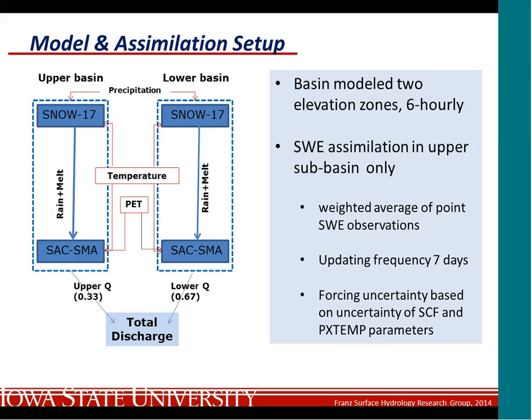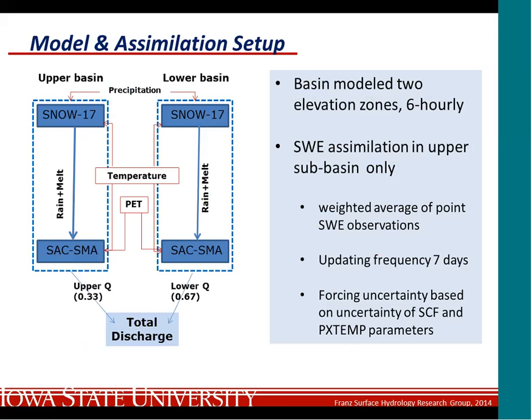When the Weather Service models their watersheds, they apply these models, the Sacramento model and the Snow 17, primarily in a lumped manner, with the exception of when they have a very mountainous basin like the North Fork, in which case they'll break it up into different elevation zones, just like I showed.